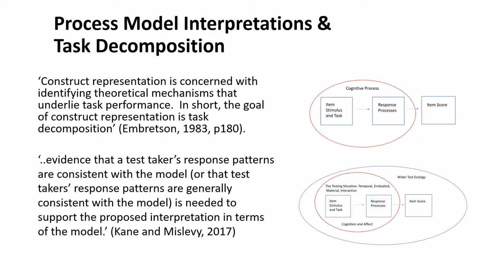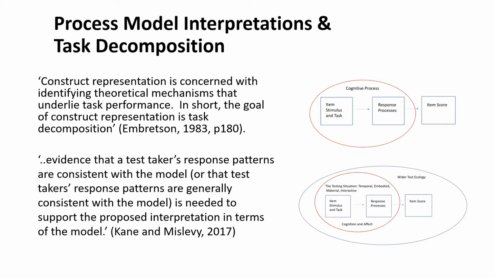So that task decomposition model is described in the image on the right-hand side at the top, which I've described in terms of trying to unpack the cognitive processes that connect the item stimulus and task with the item score. So what's happening in that black box? And does it confirm our expectations around construct representation?